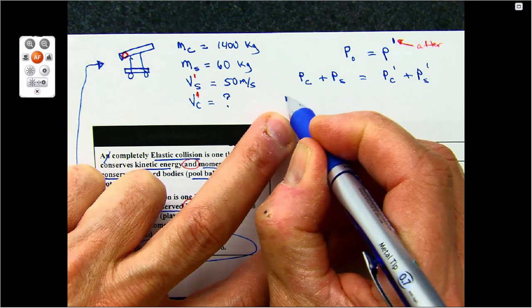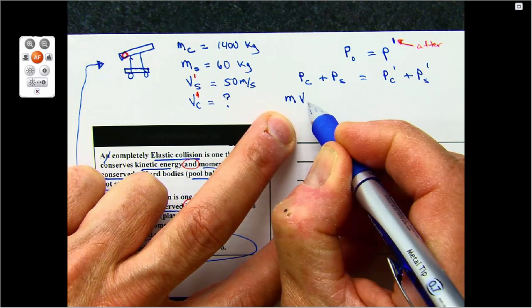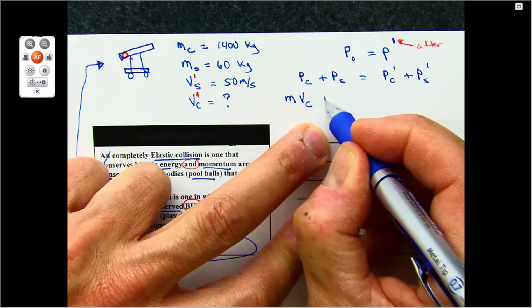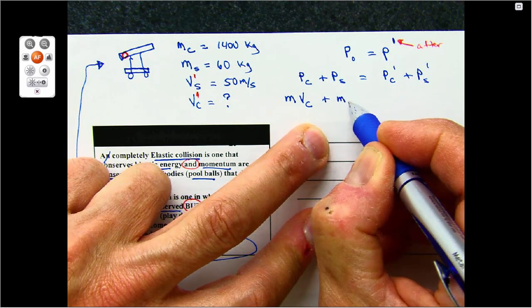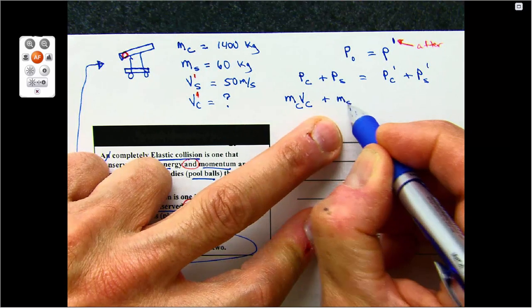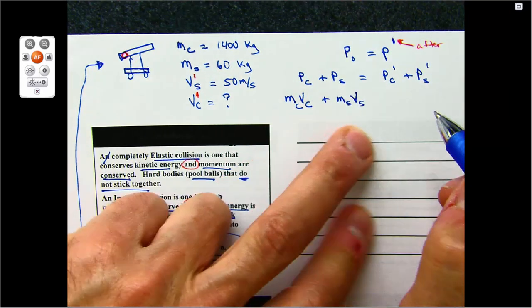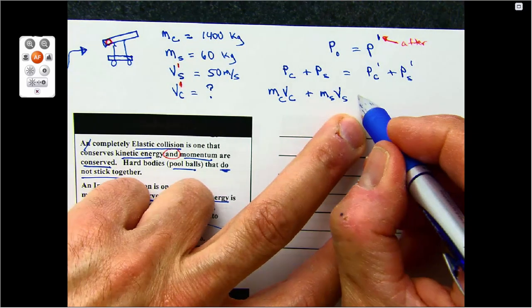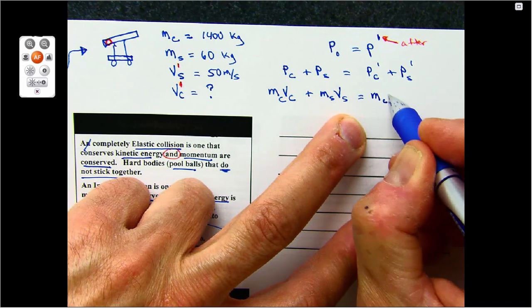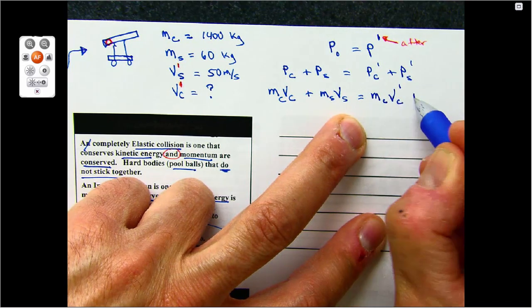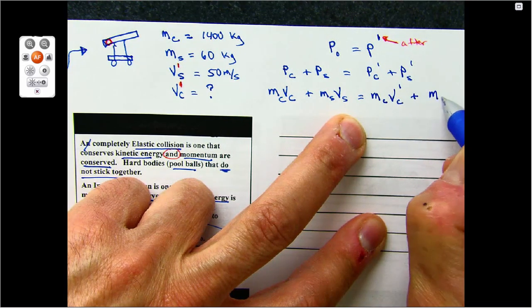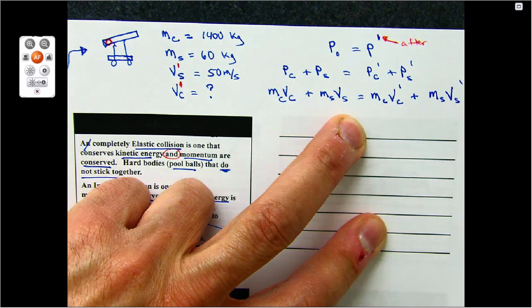Then you could say mass of the cannon, velocity of the cannon, plus mass of the shell, velocity of the shell, should equal the mass of the cannon, velocity of the cannon prime, plus mass of the shell, velocity of the shell prime.